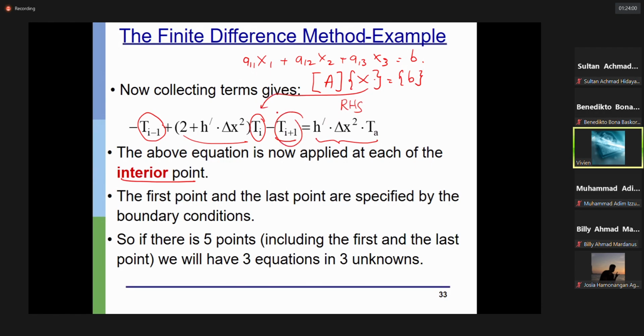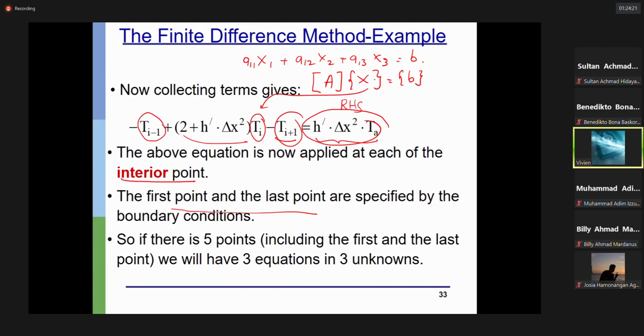The right-hand side here will be all the constant values, which are usually obtained from the boundary condition as well. So this equation now will be applied to the interior points, and the first point and the last point will be the boundary conditions.